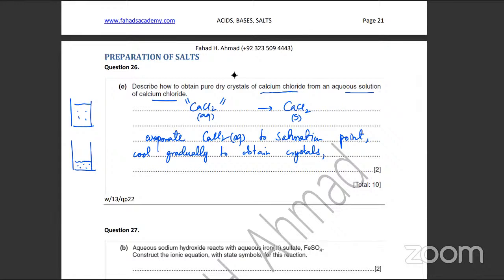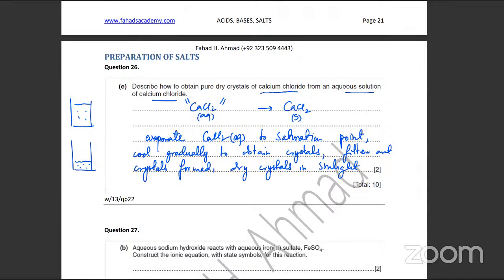So cool gradually to obtain crystals, filter out the crystals that are formed, and then dry those crystals in, let's say, sunlight. अच्छा, तो इस वाले के अंदर तो आपने कुछ खास करना ही नहीं था, ठीक है। वो उसने सब कुछ आपको करके दे दिया था.